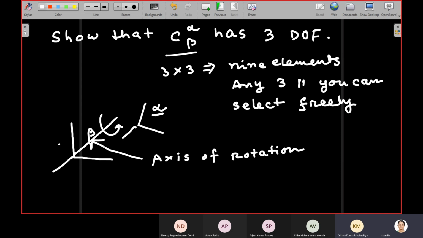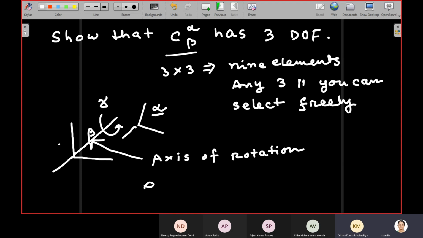So about this axis of rotation, we just apply any rotation, I don't want to use phi theta psi, maybe some rotation gamma, and that will take us to the alpha frame. So this axis is called the axis of rotation. Later we will see that using this axis of rotation, we define the quaternions and the rotation vectors. Okay. Now this has an important significance. We have a unit vector along this axis of rotation.